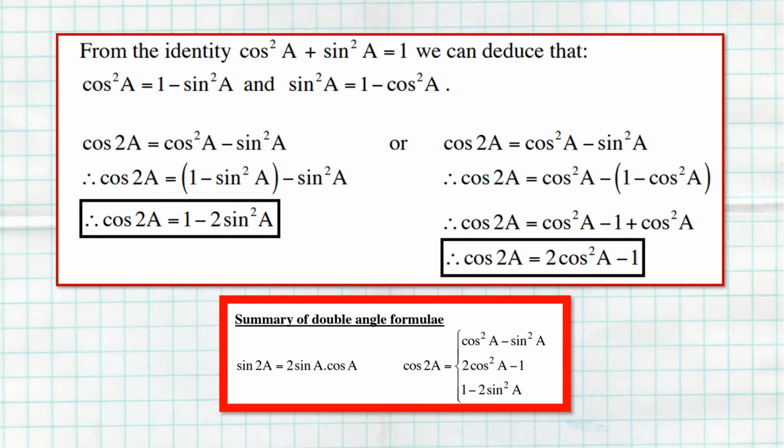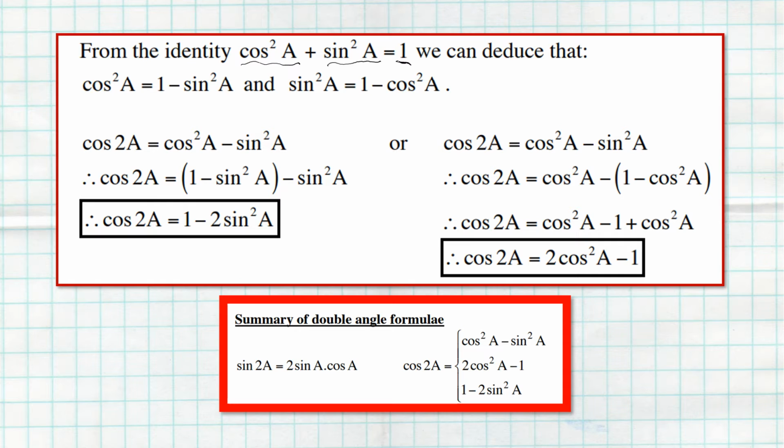We know from the identity, I think this was done in the revision session, our part 1, and this is also just a revision from grade 10 and 11, that if we have cos squared a plus sine squared a, that identity is equal to 1.